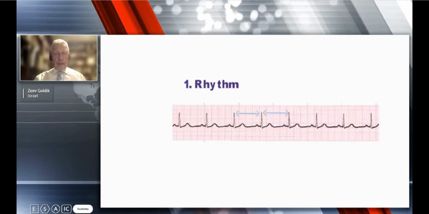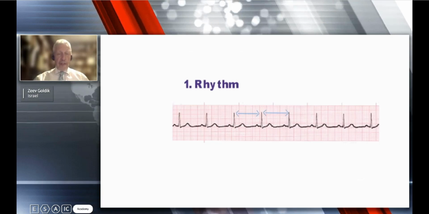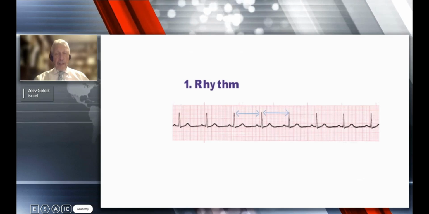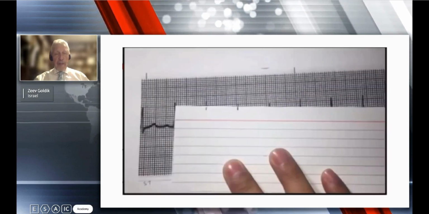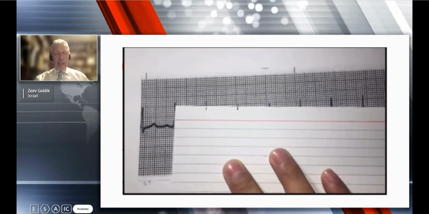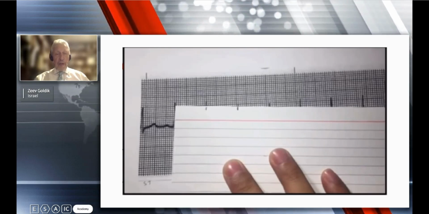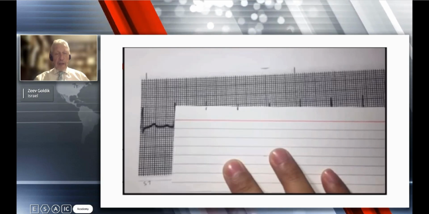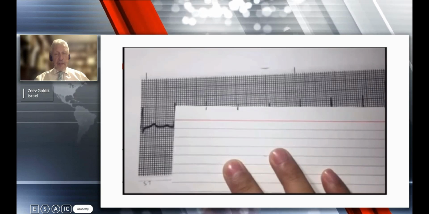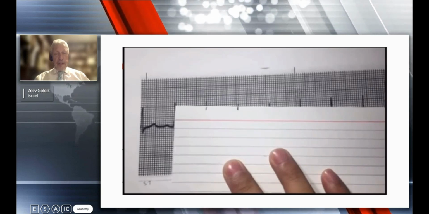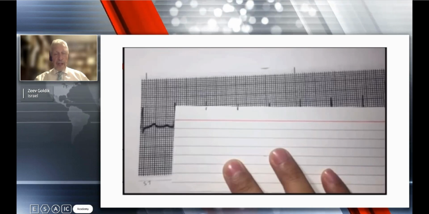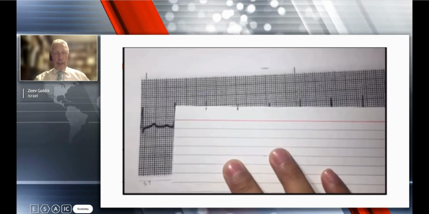In order to find out whether the rhythm of this patient is regular or irregular, we take a piece of paper and we draw the distance. We mark the distance between the two R waves in the ECG, and we transport this distance to the other QRS, and we compare it.